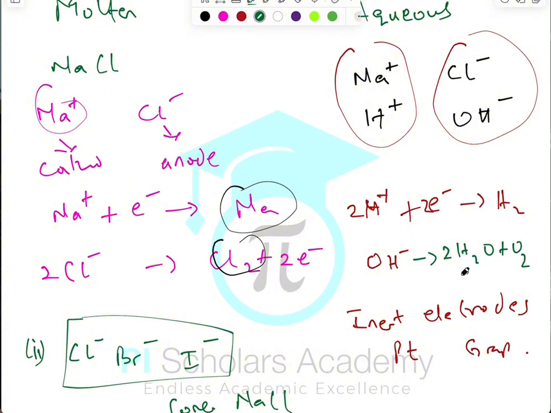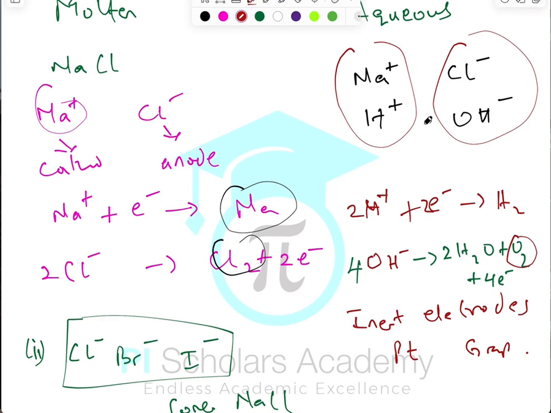If you balance everything, oxygen is how many? So that should be 4. That means you have 4 electrons here as well. So in this place, oxygen gas is being liberated.